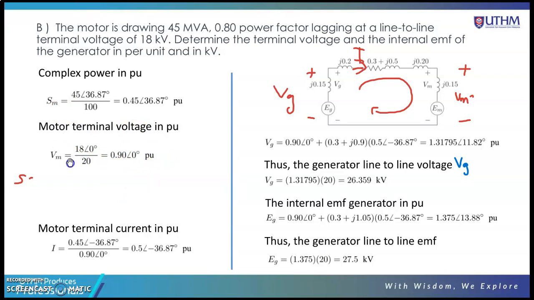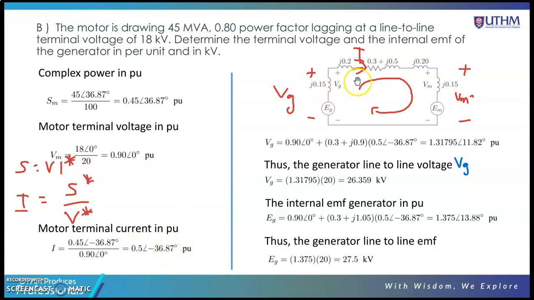So you have S and V, so then you can determine the current of the motor, because originally we have S equal to V I conjugate, so I equal to S conjugate divided by V conjugate. So I equal to S conjugate per unit divided by V conjugate, so you can get the current in per unit.